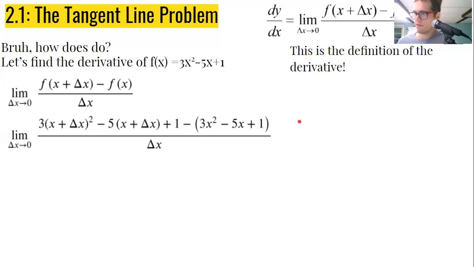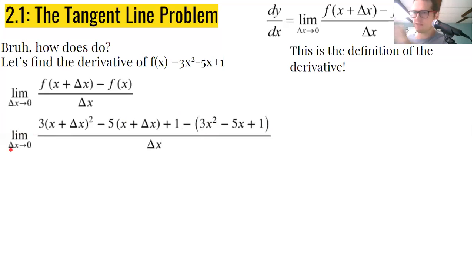At this point, now that I've substituted in the f of x plus delta x, which is the first part of the expression here, and I have f of x over here, I'm going to work on simplifying and see what I can do. Notice that I'm still saying eventually my intention is to let the limit as delta x goes to 0.